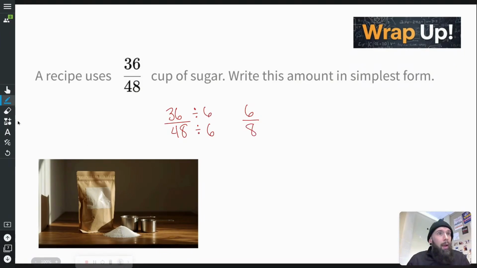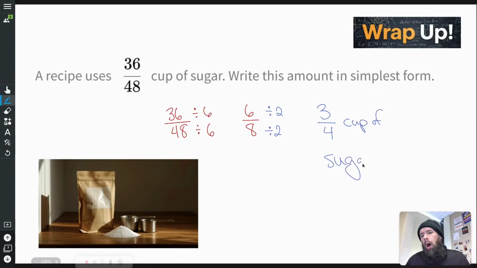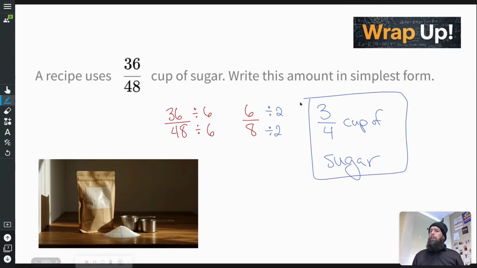Oh, look at that. I'm not done yet. I could divide both of these by 2. 6 divided by 2 is 3. 8 divided by 2 is 4. So 3/4 cup of sugar. It's going to be that amount in simplest form.